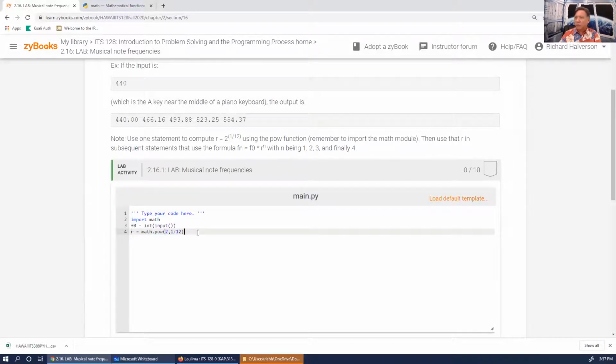I can compute F1 equals F0 times math power R, comma 1, which is dumb because it's just R. And this F2 would be F0 times math power R to the 2. I think that's right.